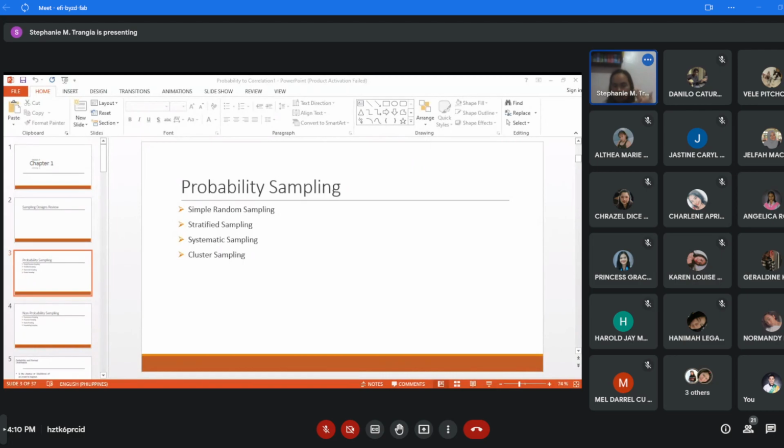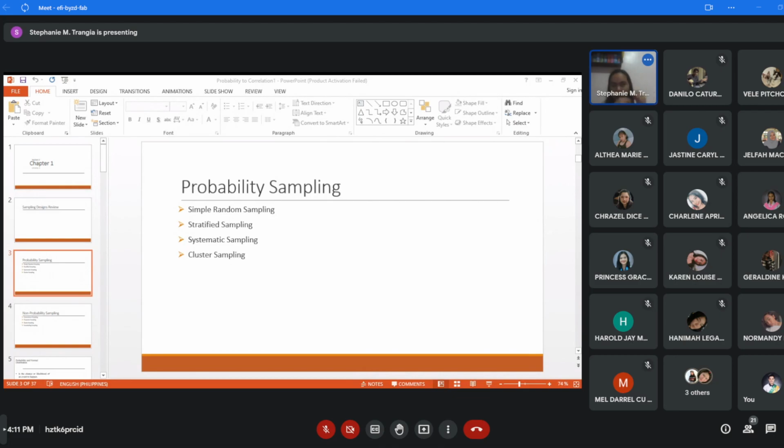In stratified sampling, the bigger the subgroup, the bigger the number of samples. But we don't need to worry because all the subgroups will have their representatives. Even the smallest subgroup will be represented in a stratified sampling.